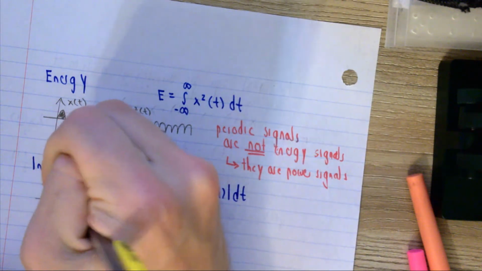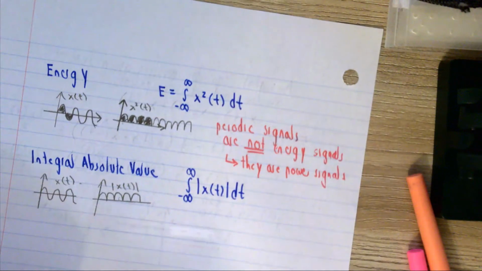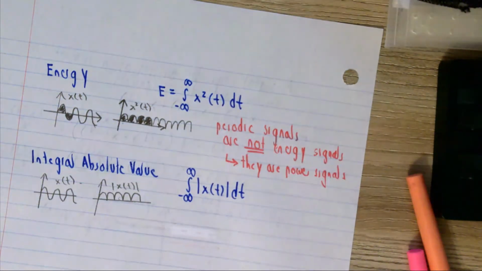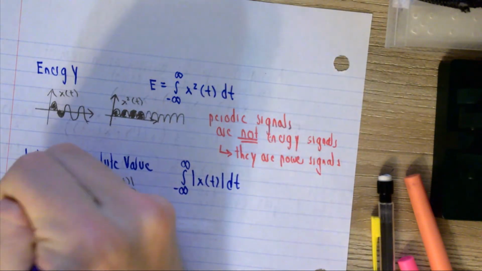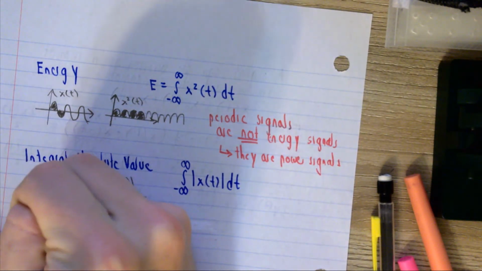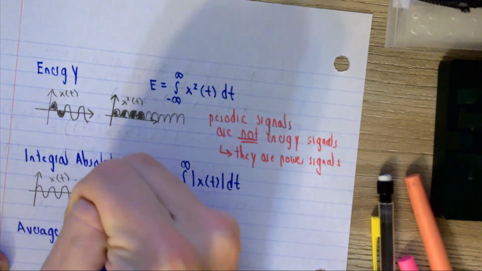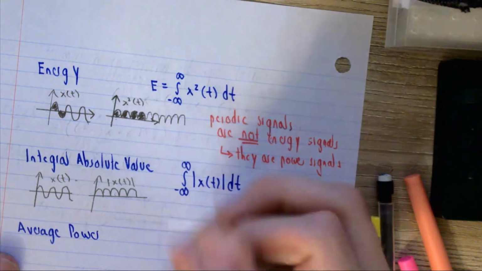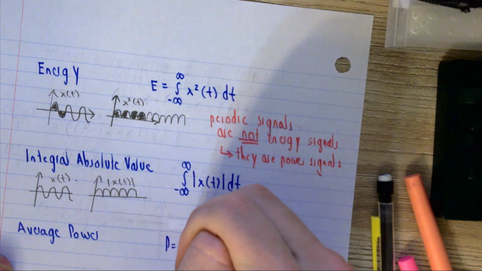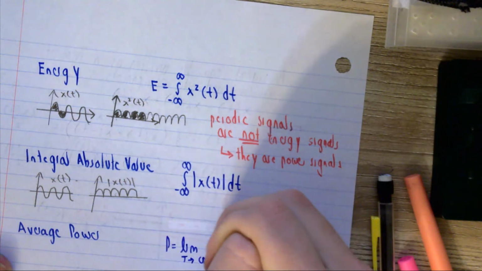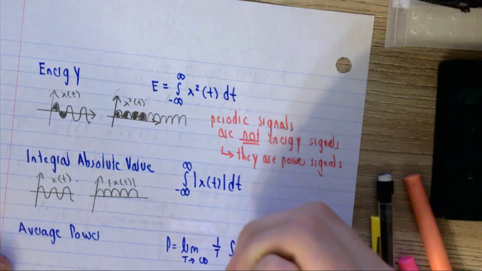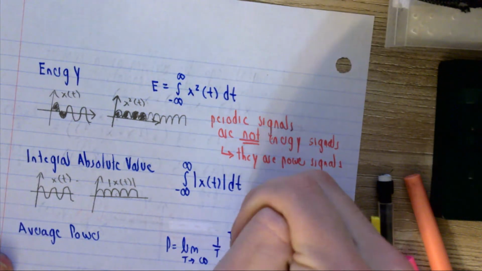Okay, so now that we talked about integral absolute value, we're going to do average power. Average power is given by power equals the limit as T goes to infinity of 1 over the period, times the integral from negative T over 2 to T over 2 of x squared of t dt.